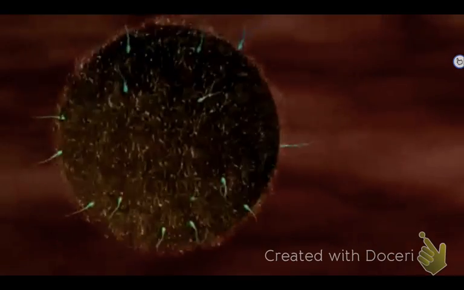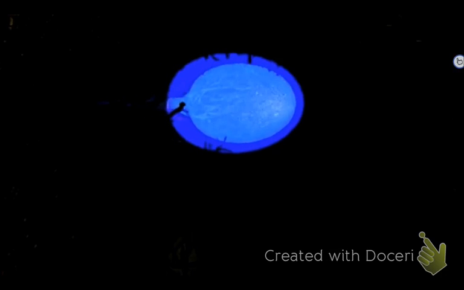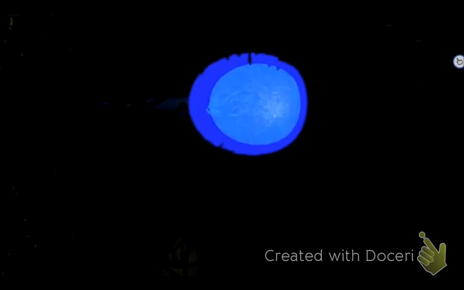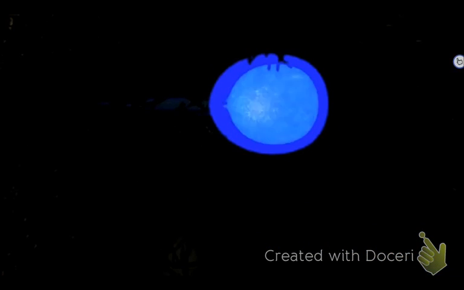It's like a torpedo. The sperm nucleus. He's got to fuse with the egg nucleus. It's powerful. There it goes. Tinkerbell like.